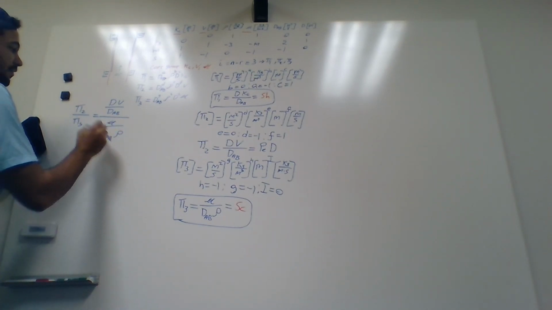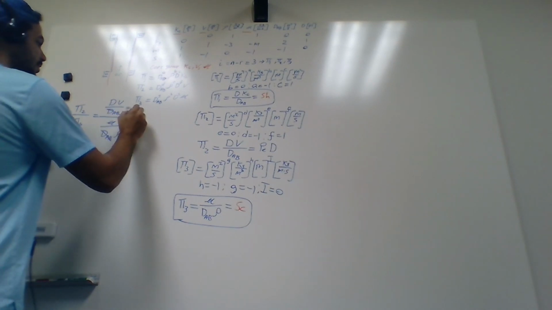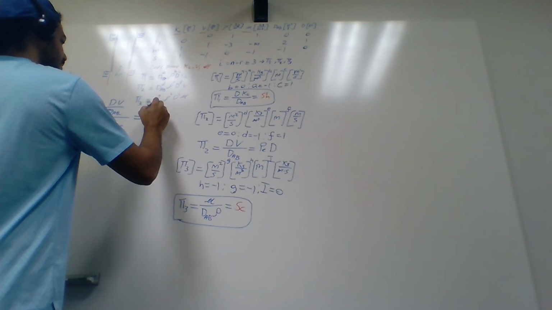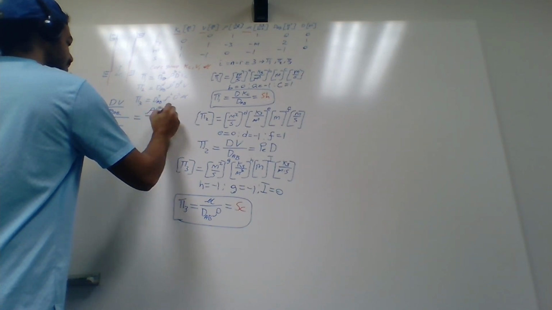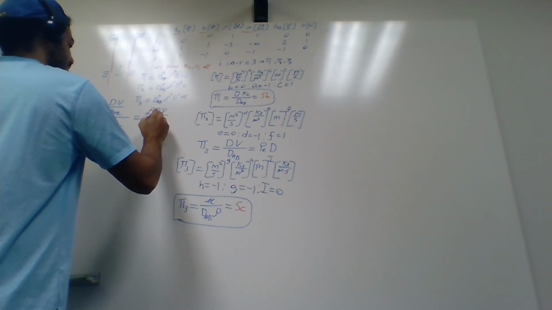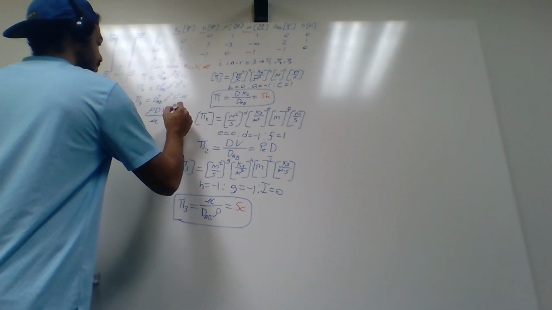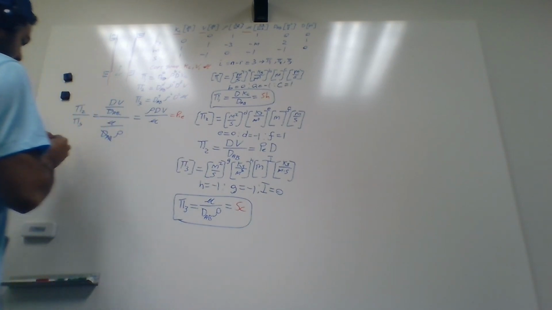Now, the diffusivities cancel out, and we are left with the density times the diameter times the velocity over the viscosity. And that is equal to the Reynolds number.